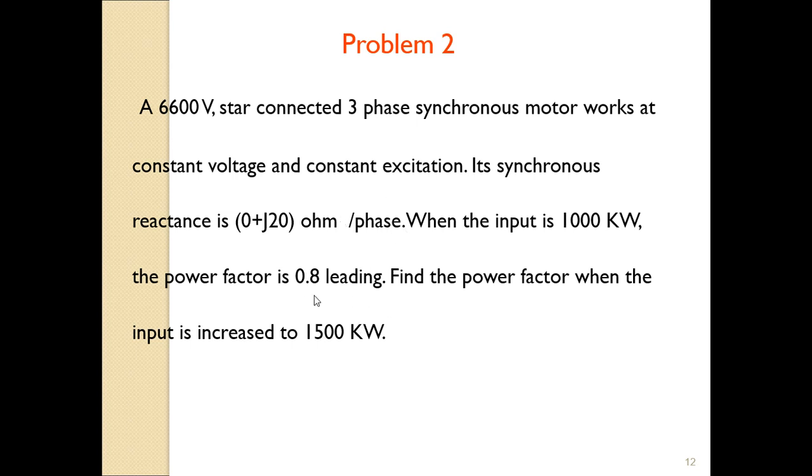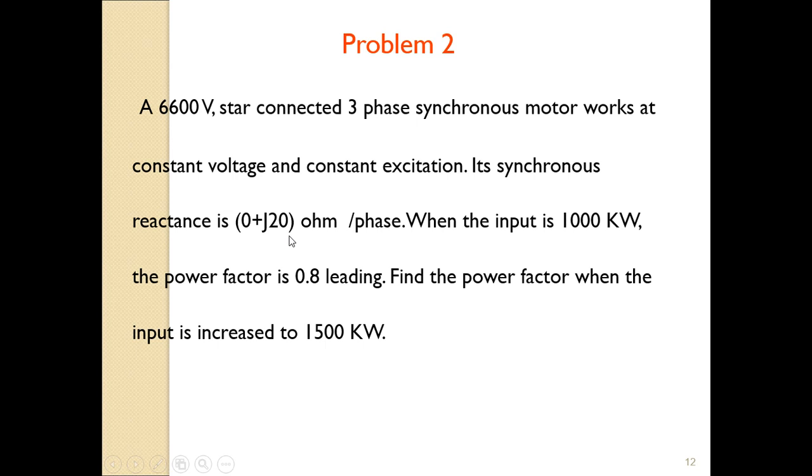Okay, note down the problem and write the given data also. So he has given a star connected three-phase synchronous motor and the supply voltage, that is VL is equal to 6600 volts. As it is star, convert this into the phase value. So VPH is equal to VL by root 3, and the given synchronous reactance, that is 0 plus j, XS is equal to 20 ohms.